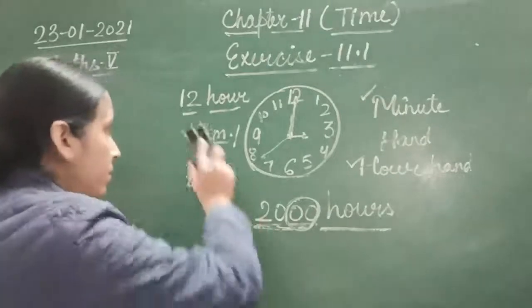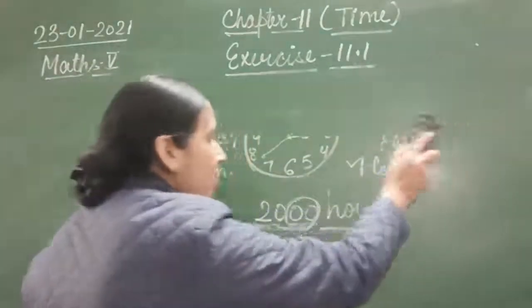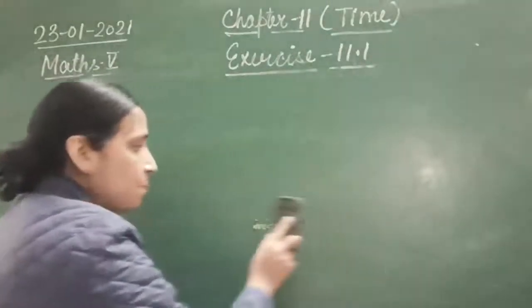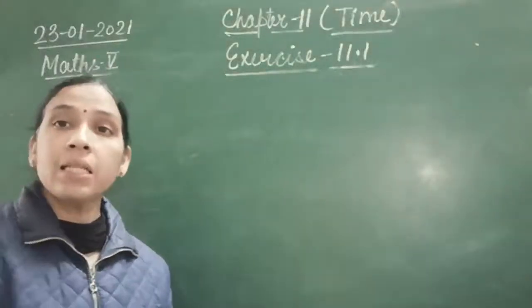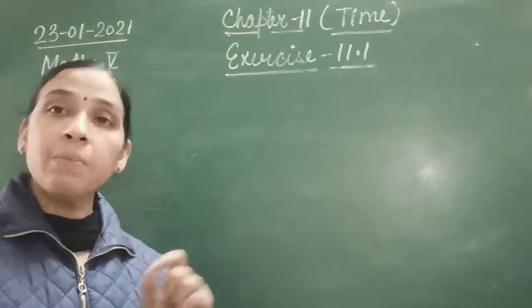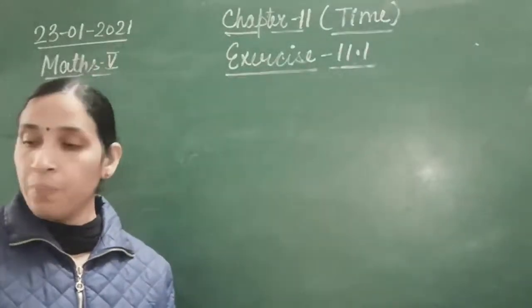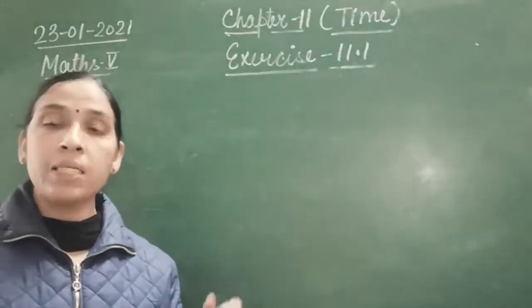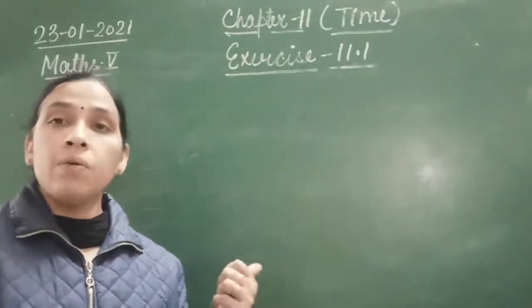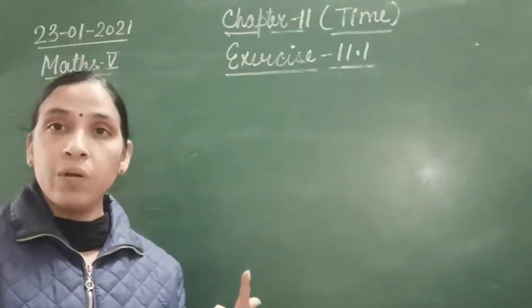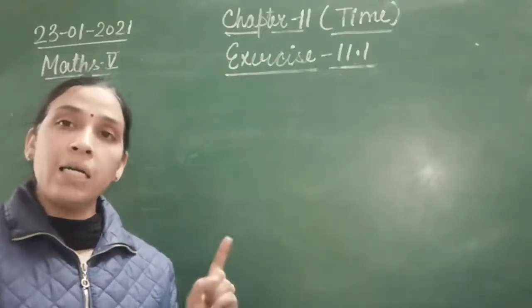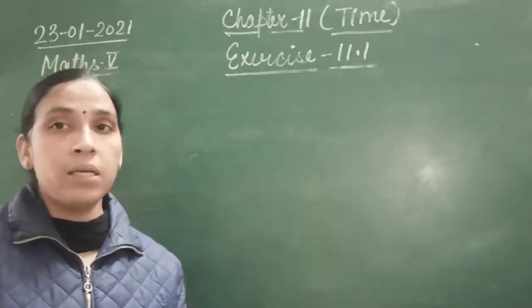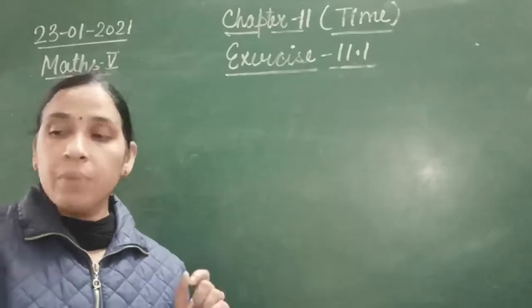Now, the basic relations between different time units. 60 seconds are there in 1 minute, 60 minutes in 1 hour, 24 hours in 1 day, 7 days in 1 week, 4 weeks in 1 month, and 12 months make a year.